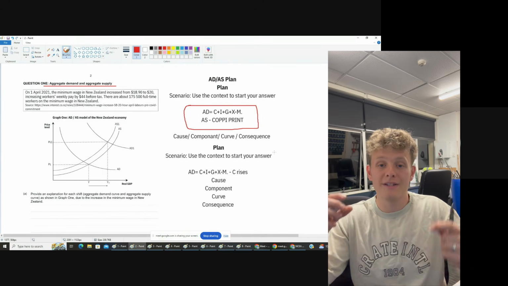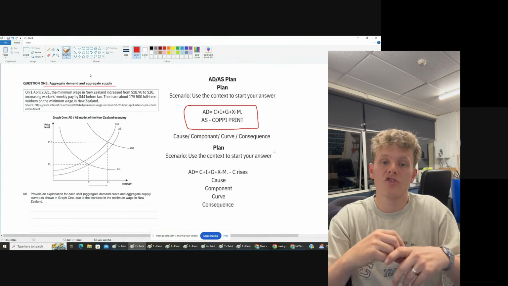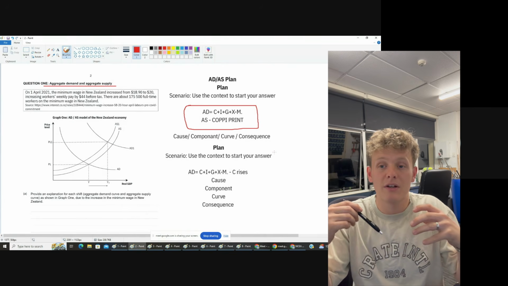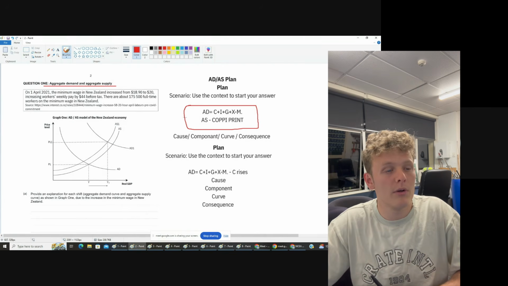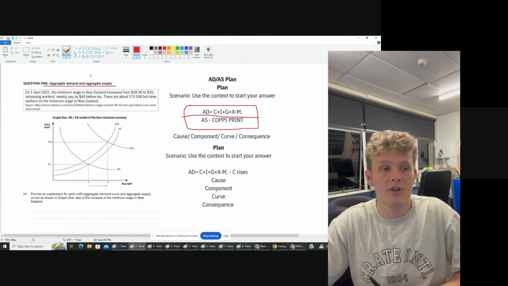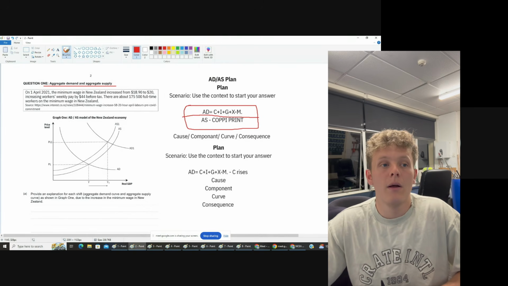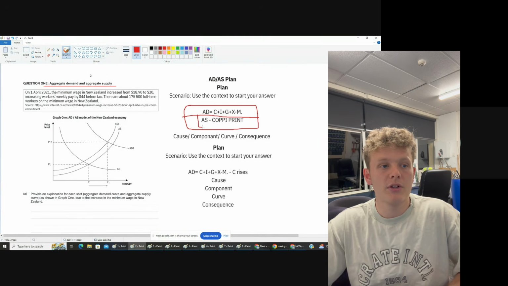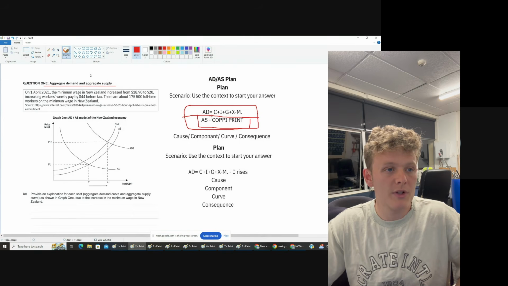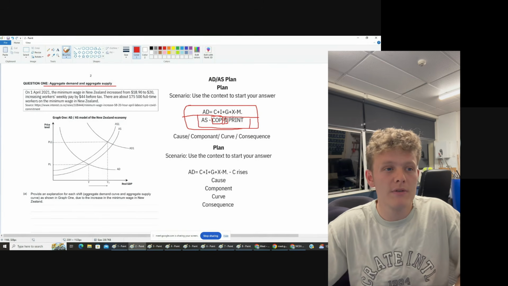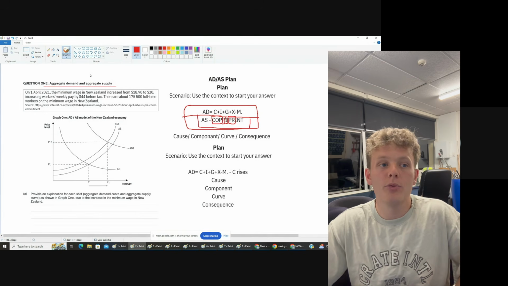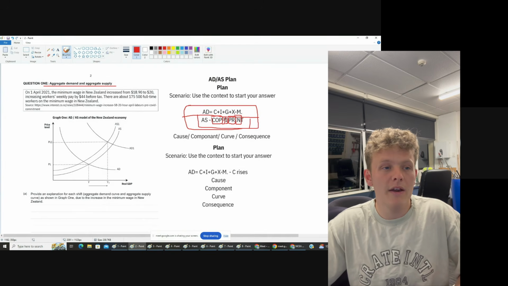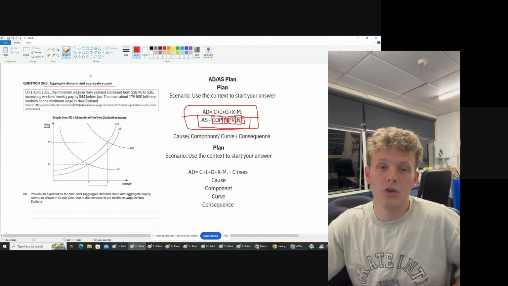concepts here, which are the different components that make up shifts in demand and supply, or aggregate demand and aggregate supply. The one that's easy to remember is this top one, the AD equation, which is C plus I plus X plus G minus M. And then the second part is this AS equation, which has an acronym here, COPY PRINT, which stands for cost of production, P for population, I for imported raw materials, PR for productivity, IN for infrastructure, and T for technology.